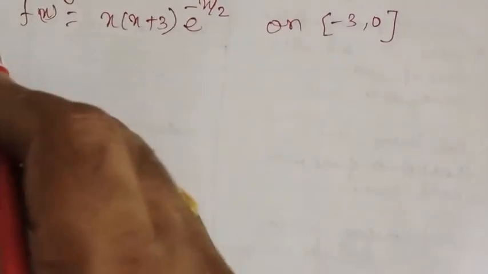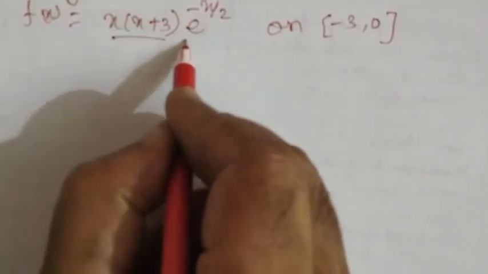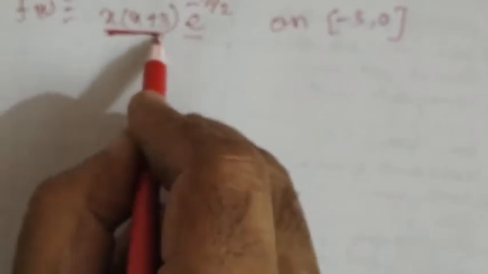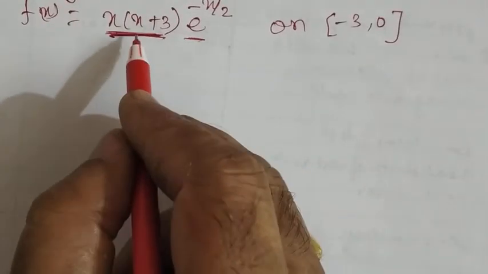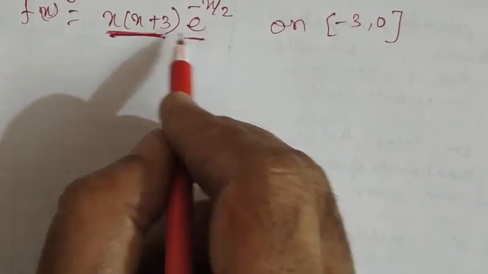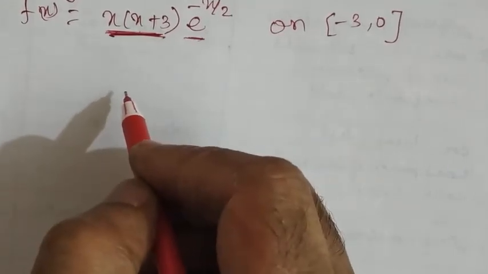Now f(x) is a multiplication of two functions. One is a polynomial, another is an exponential. We know an exponential function is a continuous function and a polynomial function is also a continuous function.